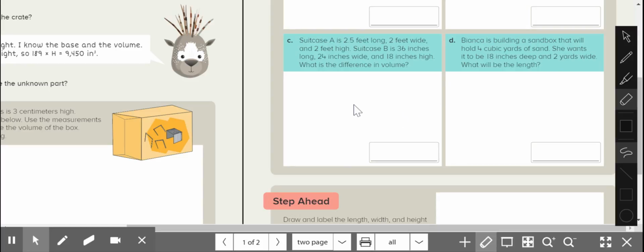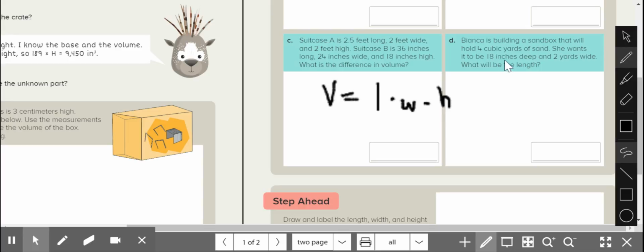Okay, so volume, again, is equal to length times width times height. What things do we know? We know the volume is 4 cubic yards. We have inches and yards.